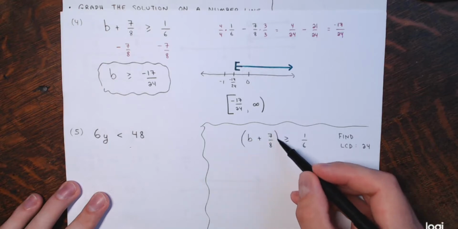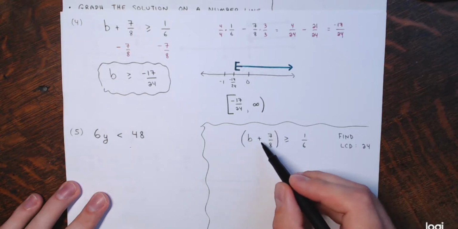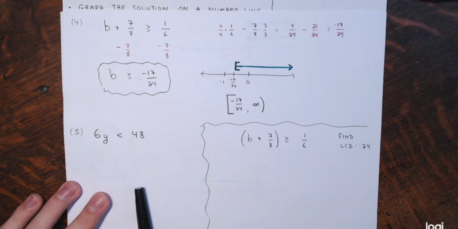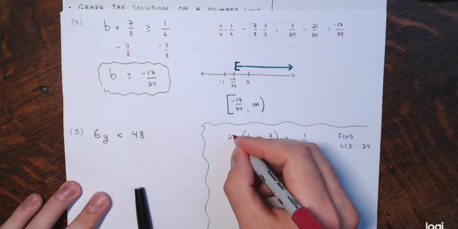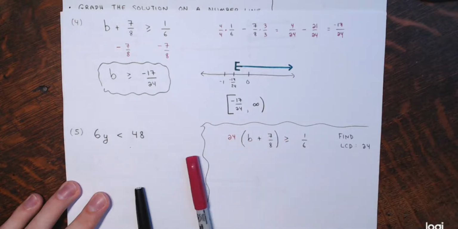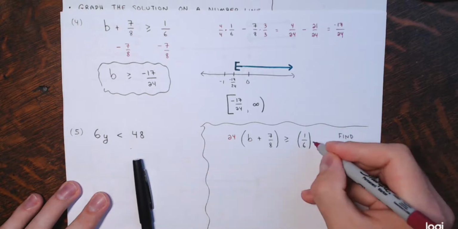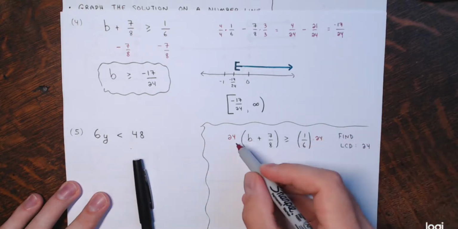Now, don't forget there. If the side has multiple terms, you're going to be distributing. So I multiply the left side by 24, the LCD, and then I multiply the right side, which is just the 1/6, by 24. And over here I'm distributing.